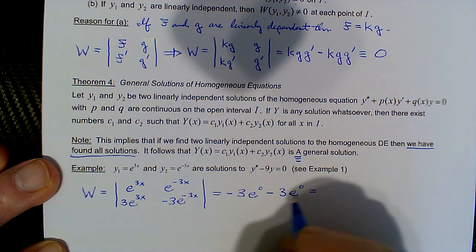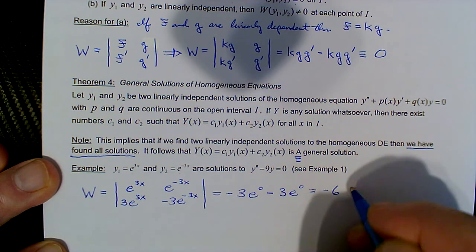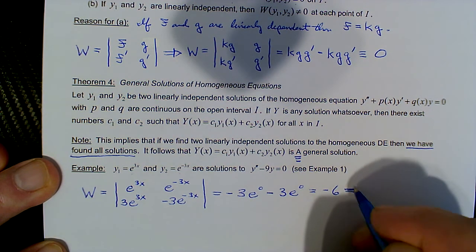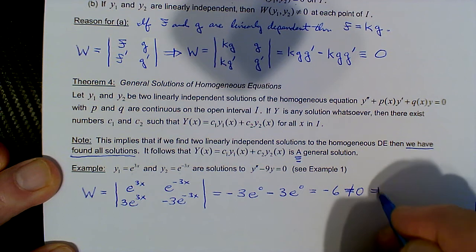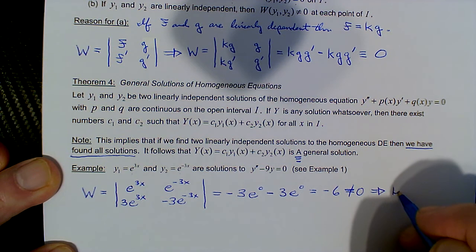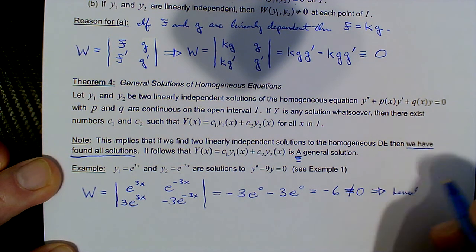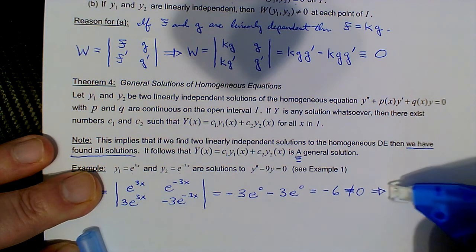So that's minus 3 minus 3, which is minus 6, which is obviously not equal to 0, so therefore they are linearly independent.